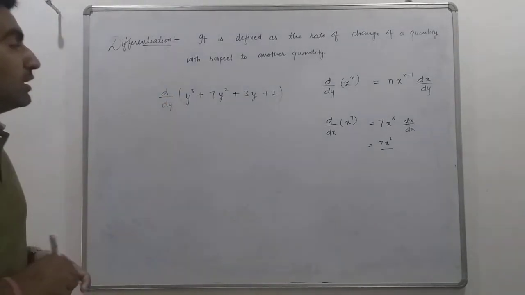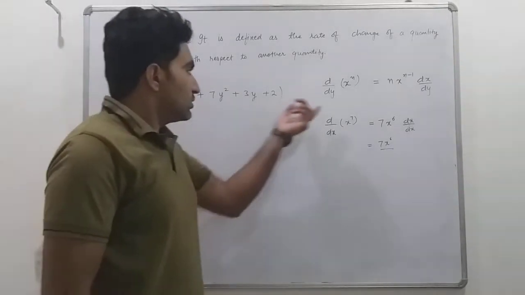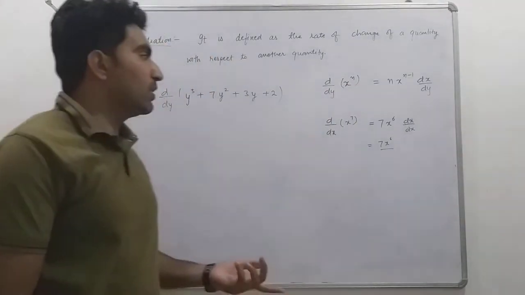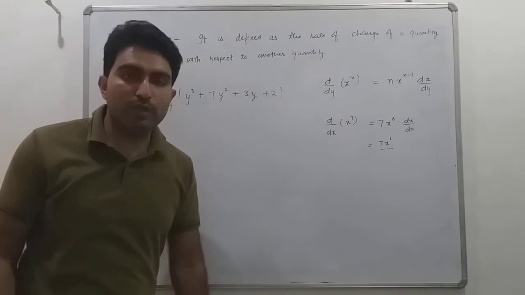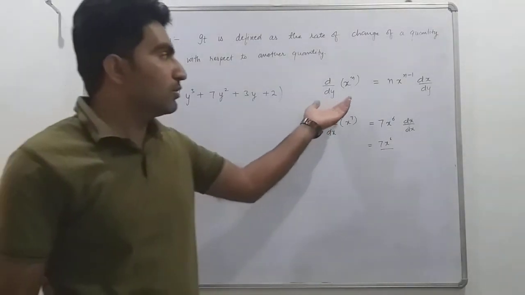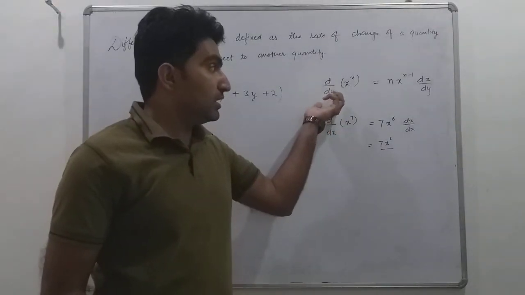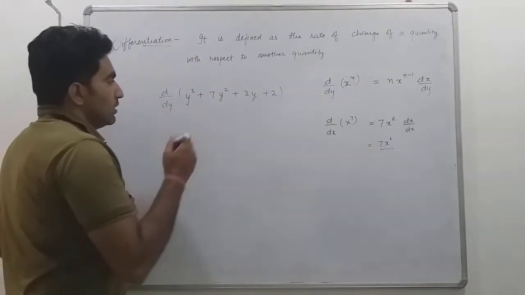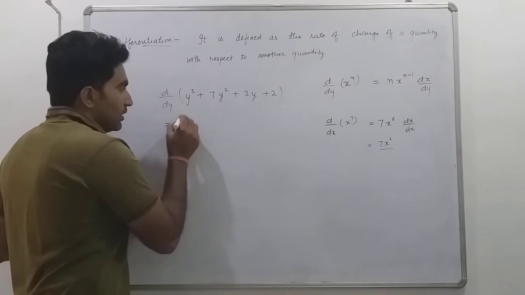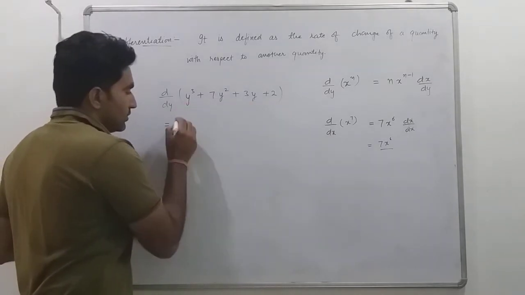Then we just use this formula: the differentiation of x raised to power n is equal to n x raised to power n minus 1, applied to the respective term. So firstly we will apply differentiation on each term.